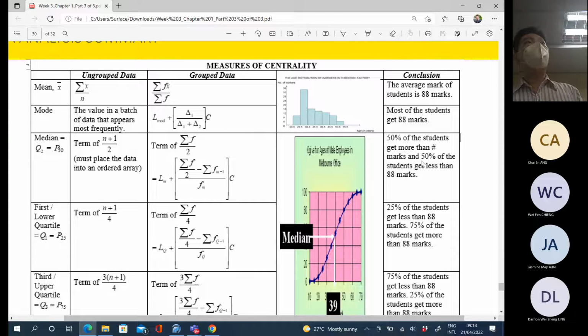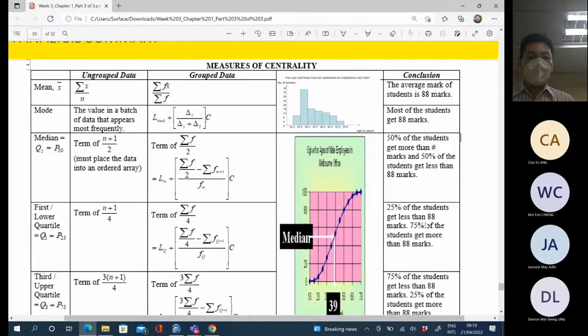For Q1 we always start with 25%, because one quarter, so we start with 25%. 25% of the study object obtain more than the Q1 value, and the remaining 75% of the study object obtain less than the Q1 value. For this one, you need to substitute the Q1 value into these two.